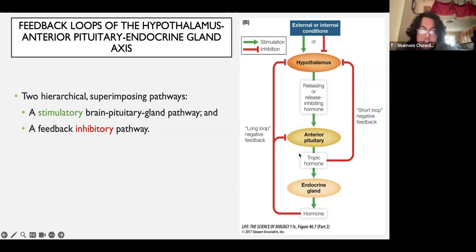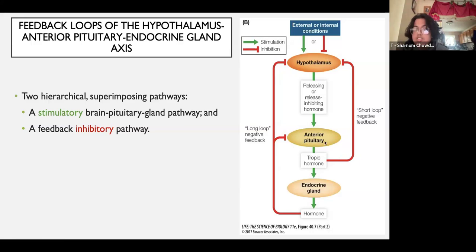However, there's also inhibition in each step. Some of the hormones released by the endocrine gland can go back to inhibit the anterior pituitary to help prevent it from being stimulated, or it could even go all the way back to the hypothalamus to prevent it from being stimulated. That's the long loop, because after several steps, that hormone can go all the way back to inhibit the hypothalamus.